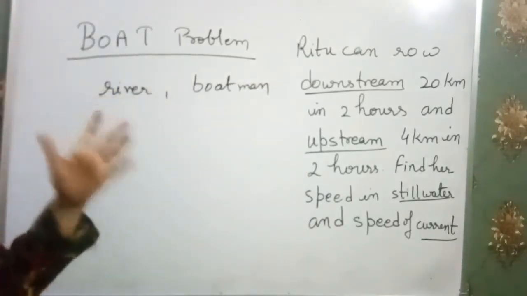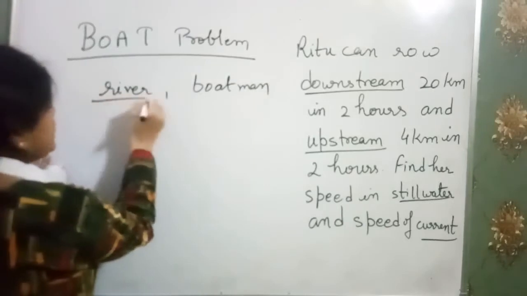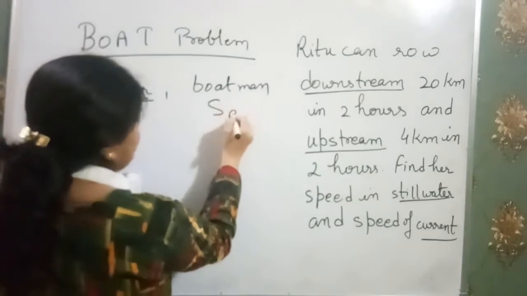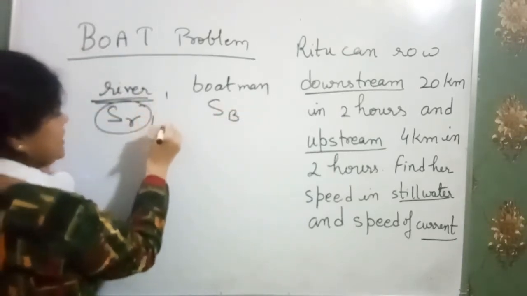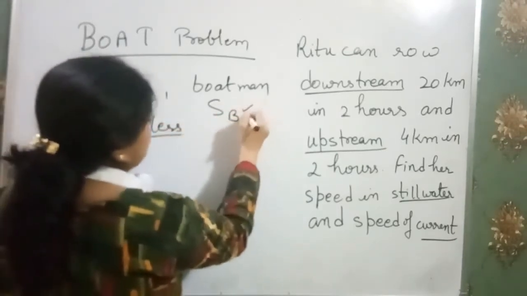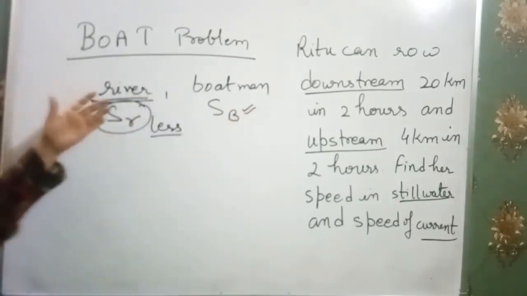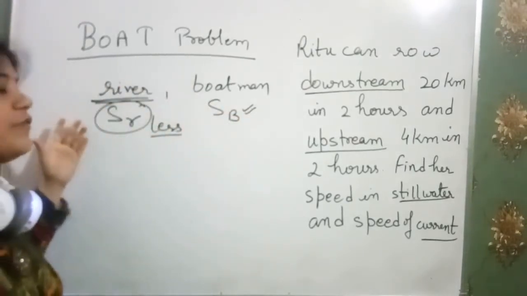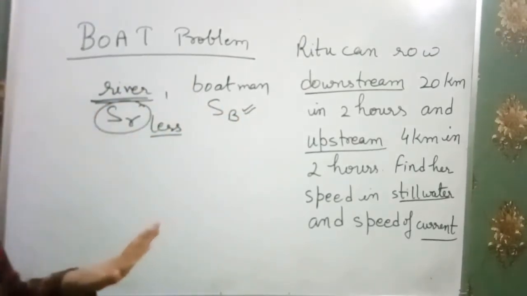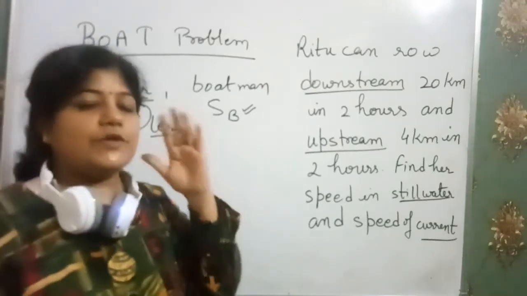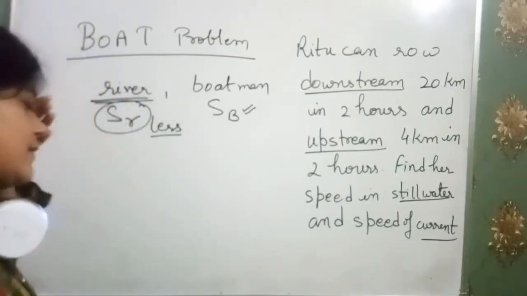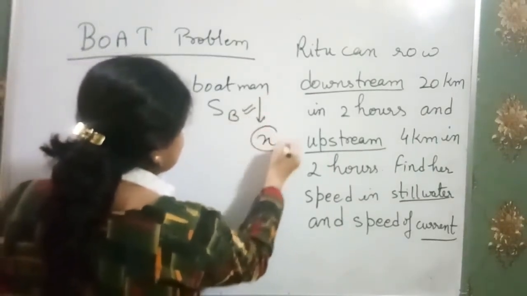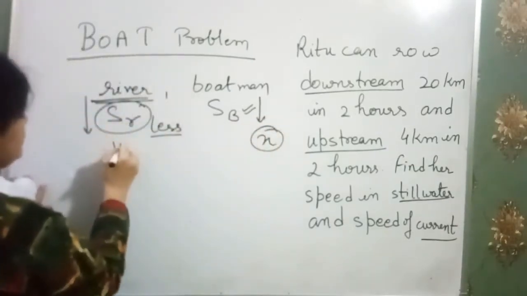They have different speeds, but the speed of the river must be less than the speed of the boatman, because if the speed of rowing is not greater than the speed of the river, then it is not possible to row in the water. Clear? First thing. So I just take speed of boatman as x and speed of river as y.